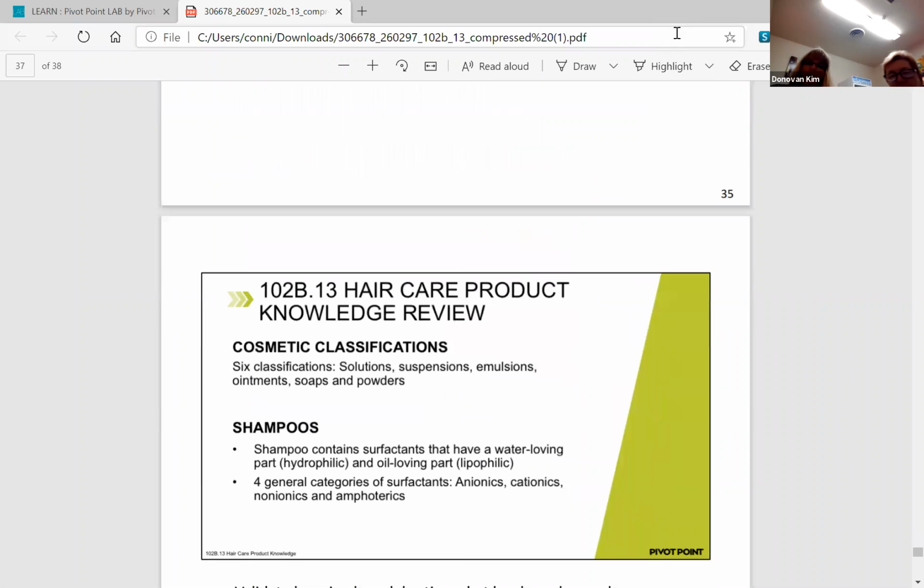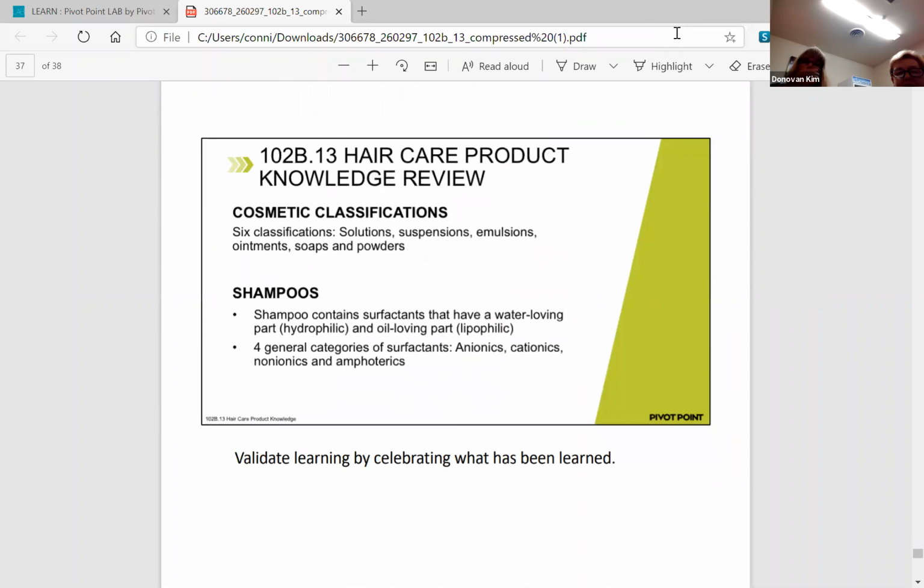Still got 5 minutes. Basically. So this is our review. In our cosmetic classifications, we need to know there are 6 of them. Solutions, suspensions, emulsions, ointments, soaps, and powders. All right, shampoos, they contain surfactants that have a water-loving part, which is hydrophilic, and an oil-loving, which is lipophilic.